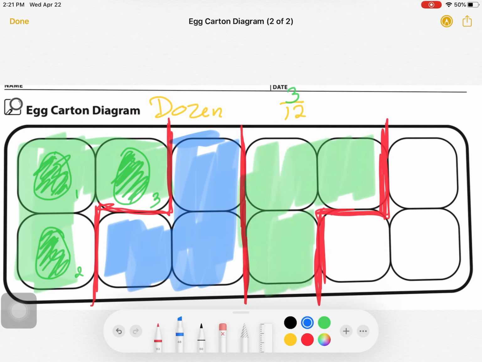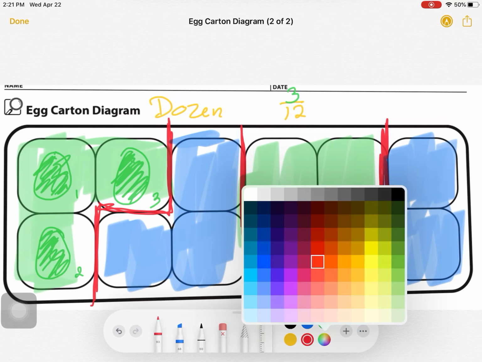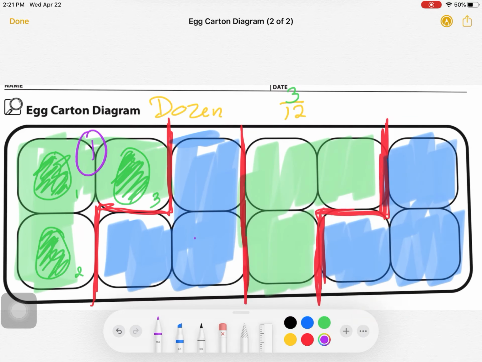And then we have a final section of eggs, which is also another 3. So we actually have a total of 4 different sections in our carton. Here is section number 1, here is section number 2, here's section number 3, and here's section number 4.